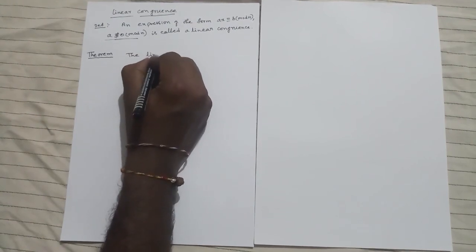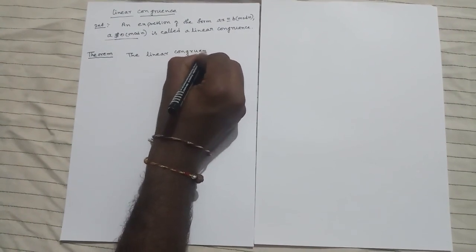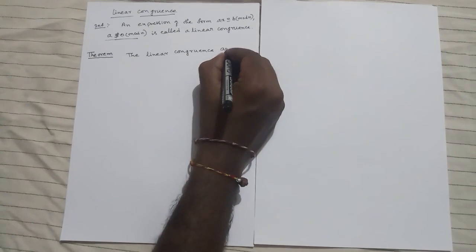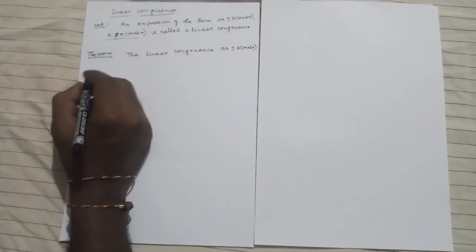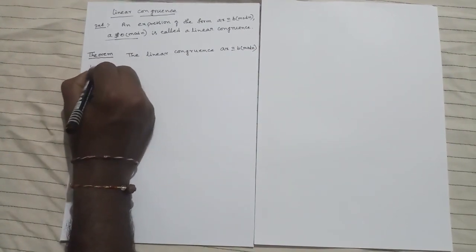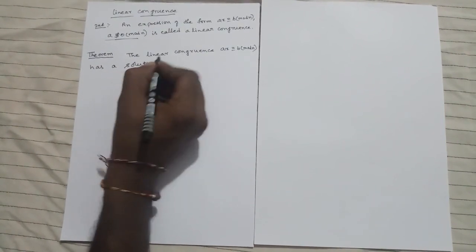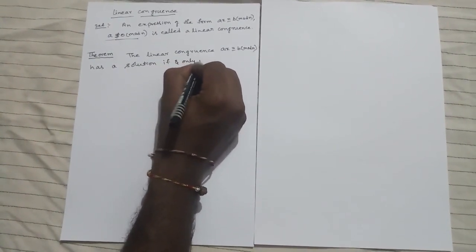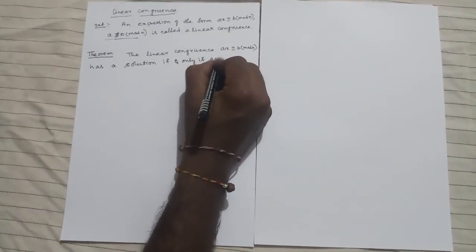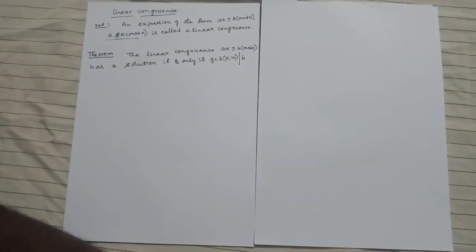Statement: the linear congruence ax is congruent to b mod n has a solution if and only if GCD of a comma n divides b.